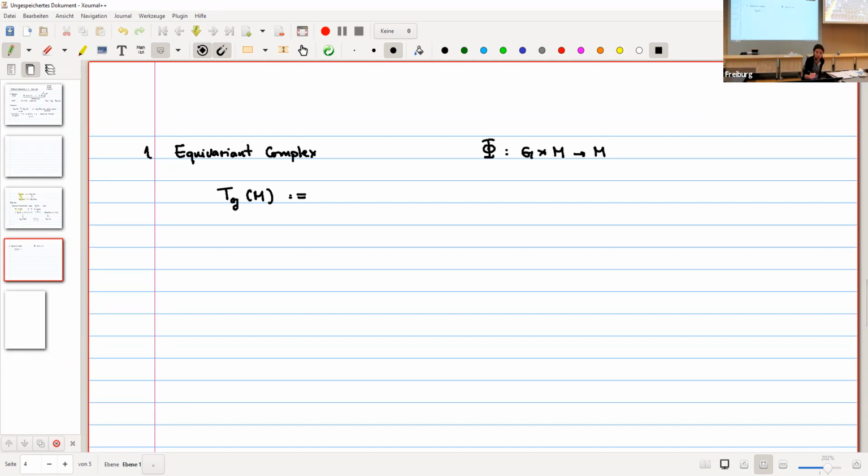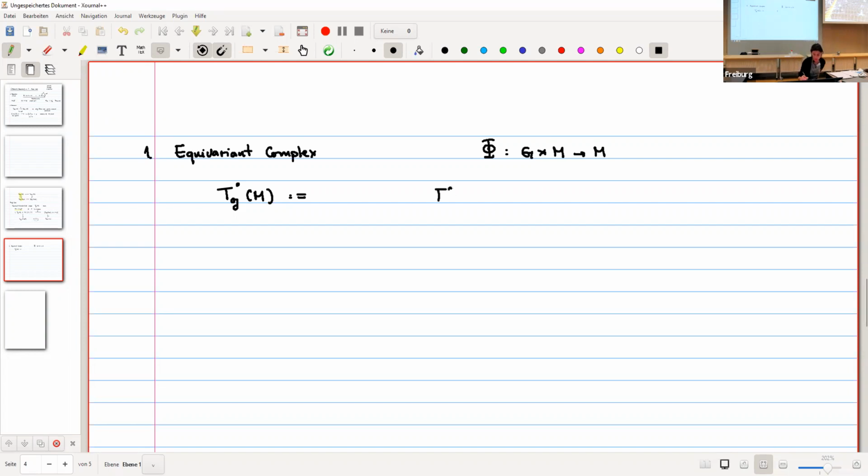The idea is essentially to take polynomial maps from the Lie algebra to polyvector fields. That's the idea, because that's what you have in mind when you think about momentum maps. So how can I write it?